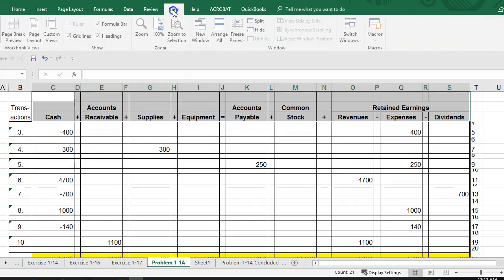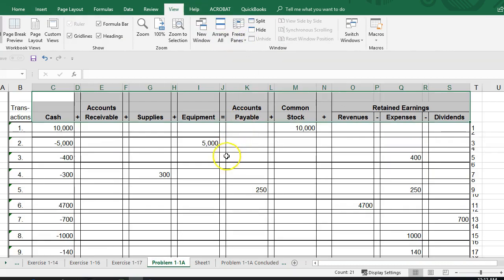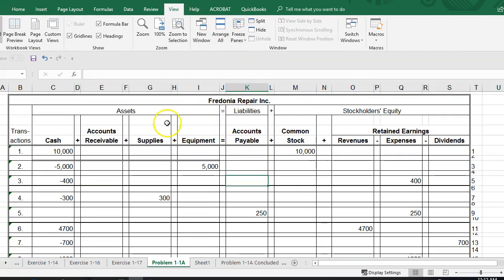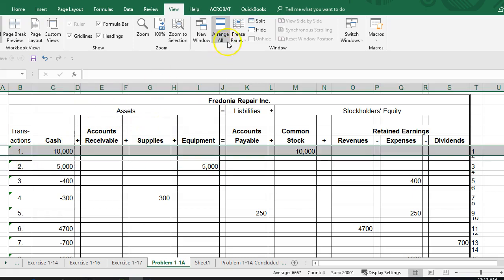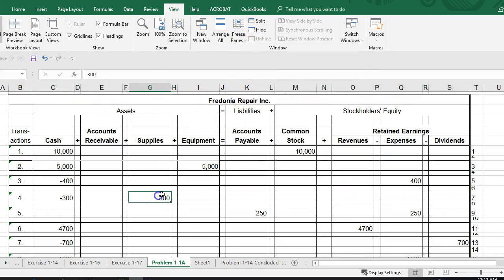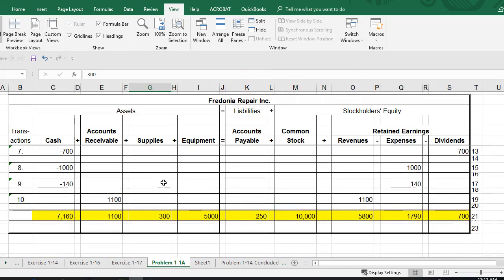Let me do a little different view. One second here. Unfreeze that pane. I want to get this part too. So let's freeze it as of right here. There we go. Okay, now you can see the headers as well. So for my assets, I've got cash, accounts receivable, supplies, and equipment.